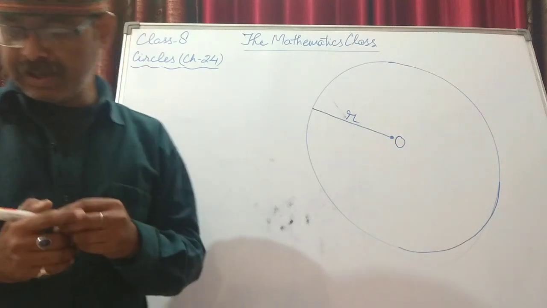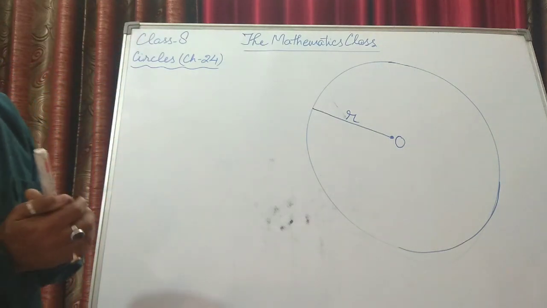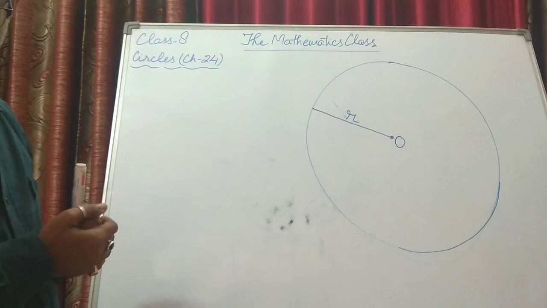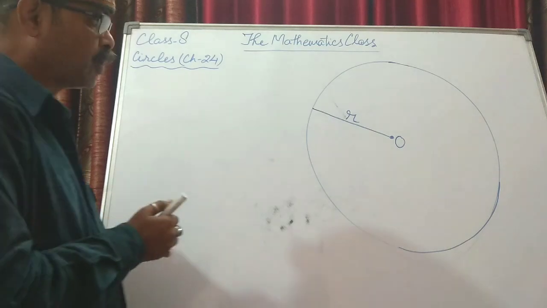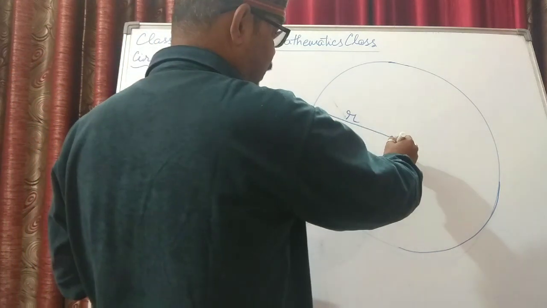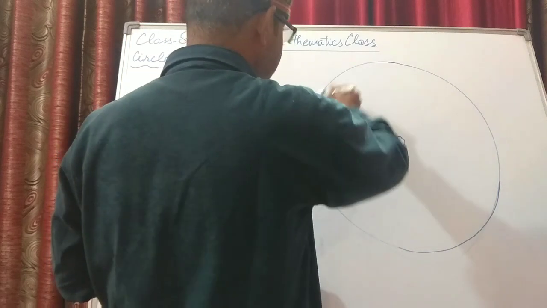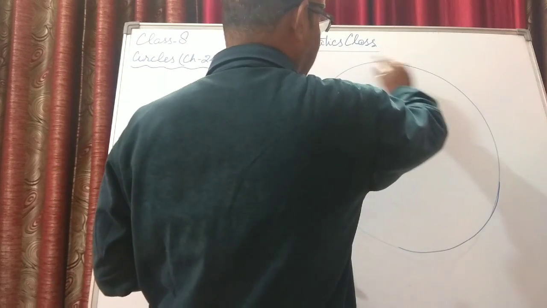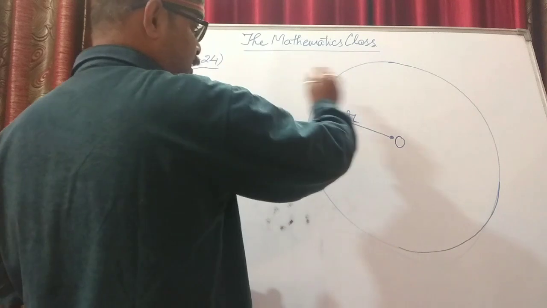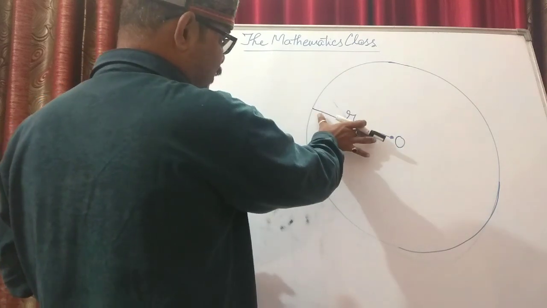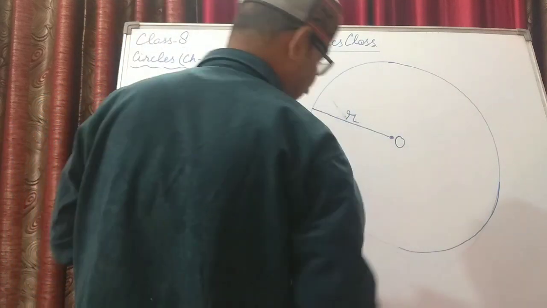Means a circle is a simple closed curve whose all the points are at constant distance from a fixed point, and this fixed point is known as center, and these points are always at a fixed distance from this center, and this fixed distance is known as radius.